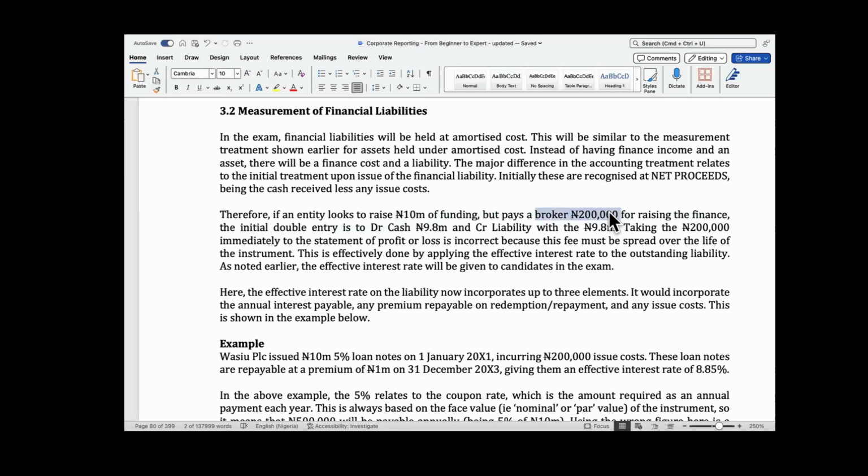Please, I need you to digest that. It's extremely important to digest that. So when it comes to financial liabilities, they are initially measured as net proceeds. So you borrow 10 million and you pay the broker 200,000 out of that 10 million. So that means your net proceeds is 9.8 million.